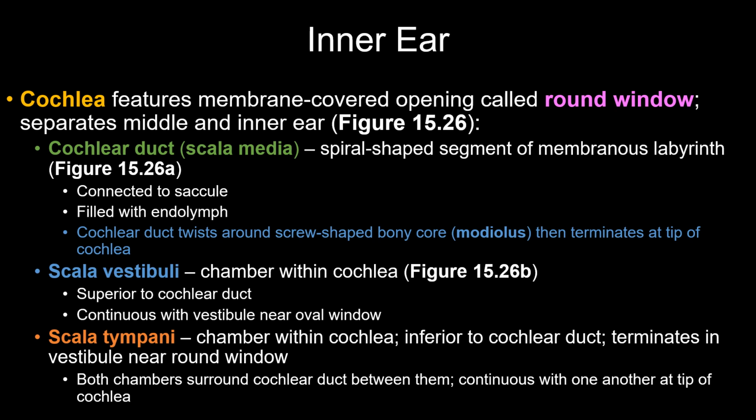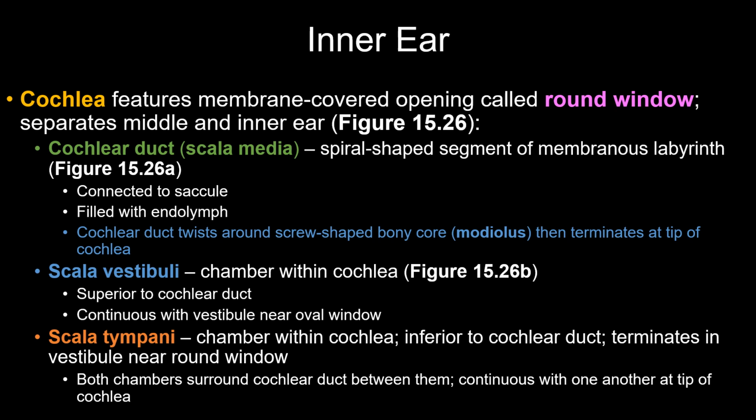But the bony cochlea has the round window. And then within the cochlea itself, you're going to find a spiral-shaped portion of the membranous labyrinth known as the cochlear duct, also known as the scala media. This cochlear duct is connected to the saccule, and it is filled with endolymph.